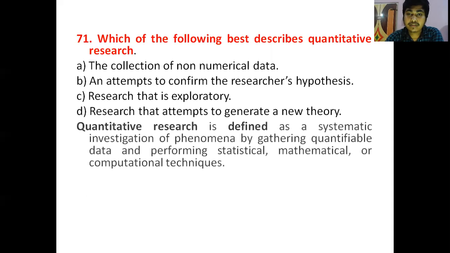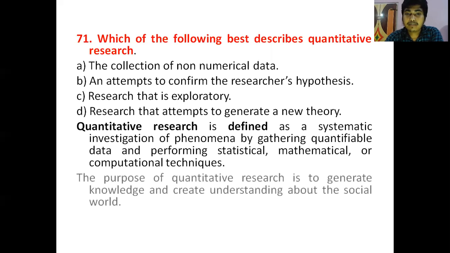Quantitative research is defined as a systematic investigation of phenomena by gathering quantifiable or numerical data and performing statistical and mathematical techniques. The purpose of quantitative research is to generate knowledge, generate new theories, and create understanding about the social world. So our correct answer will be option D, research that attempts to generate a new theory.